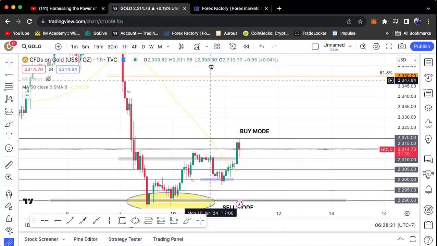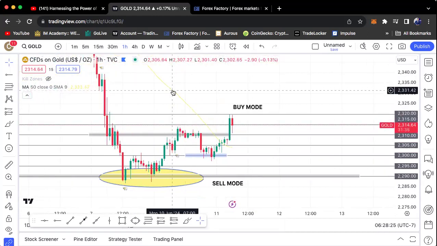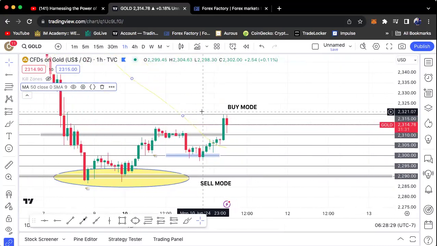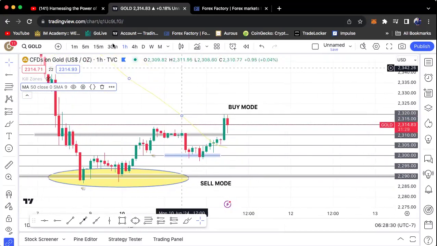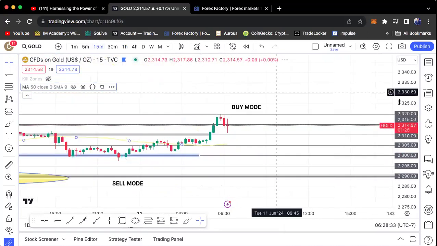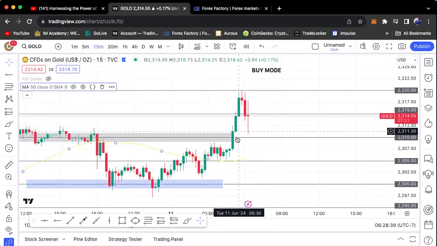Now, at the 1 hour, we have price above this EMA, this moving average. So I'm currently in buy mode with gold.